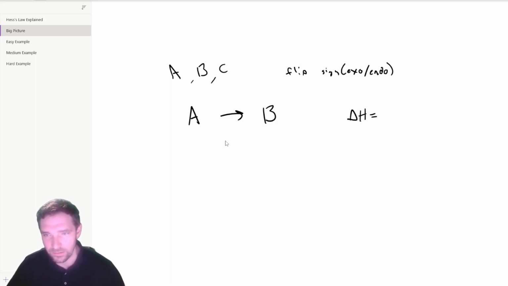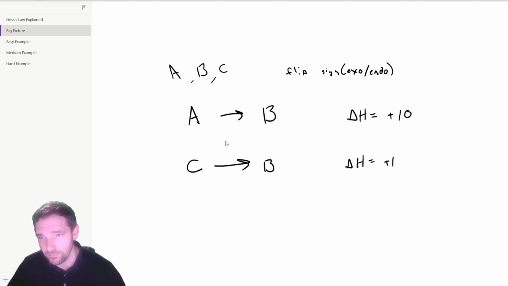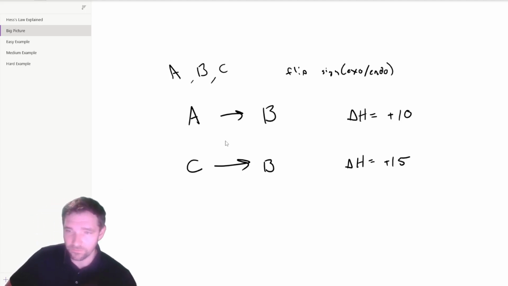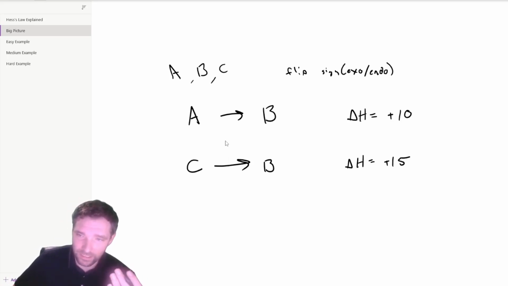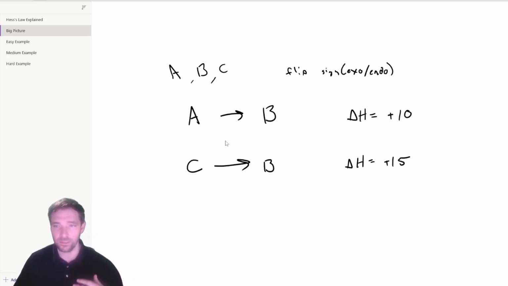Maybe this is a +10 change in H. And then we've also got another reaction, C going to form B. This is going to have a change in H value of, let's say, also a positive. Let's do 15 now. So we've got a +10 and a +15 when we look at these two reactions as is.